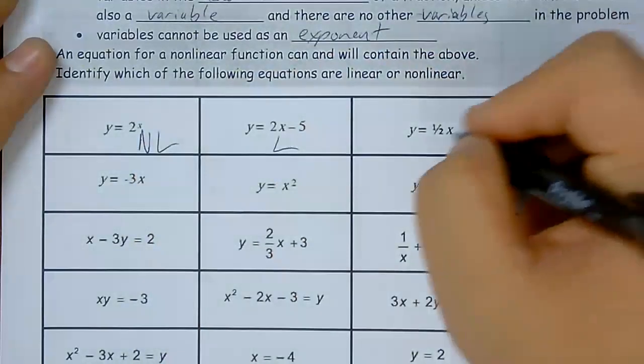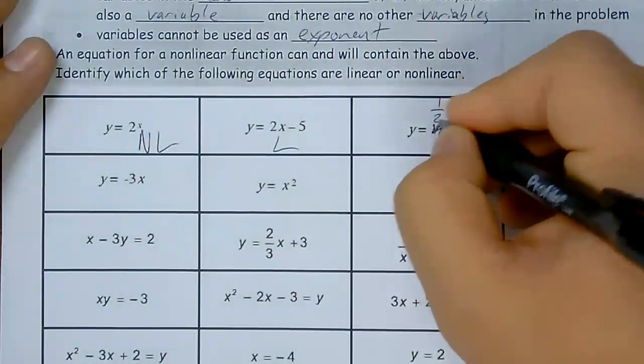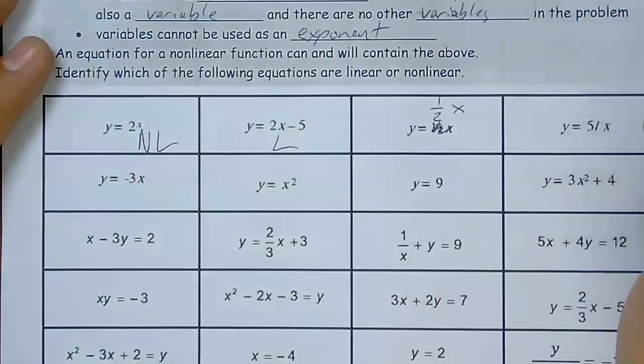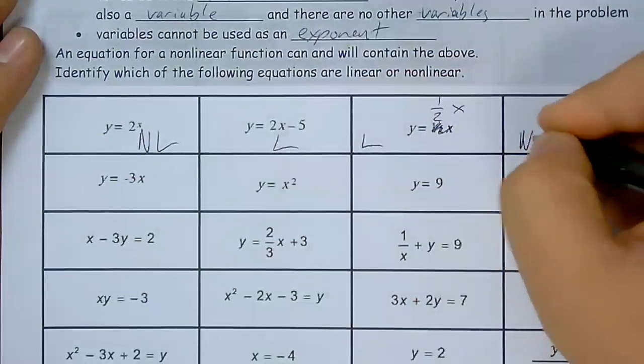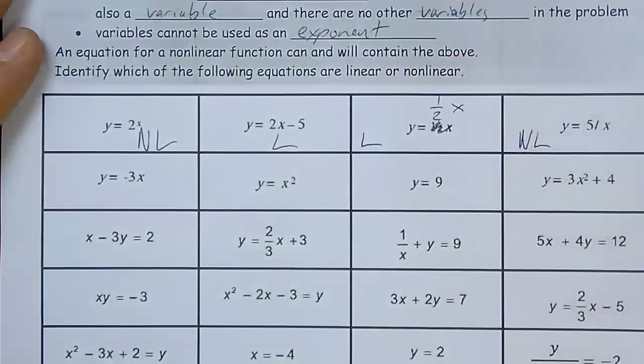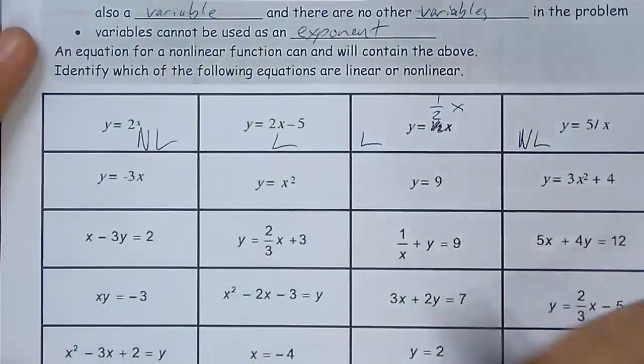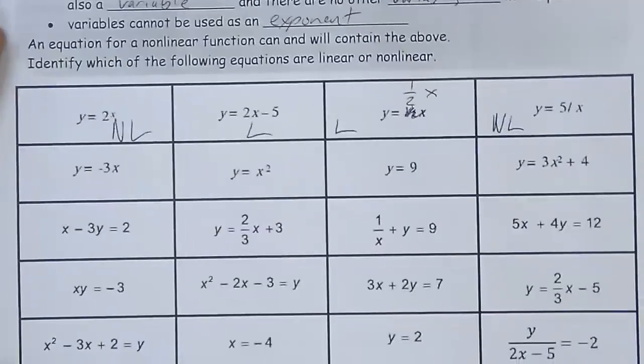Yes, we can have a fraction. Really, this should read more like 1/2 x. This is linear. What about 5 over x? Yes, it's a fraction. No, we cannot have a variable in the denominator. Go ahead and work on these next few on your own.